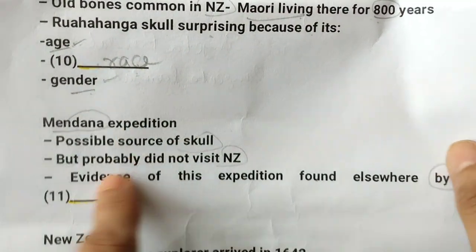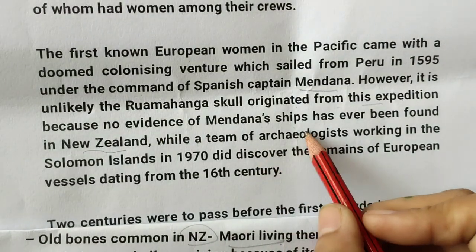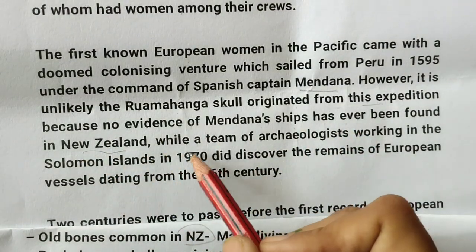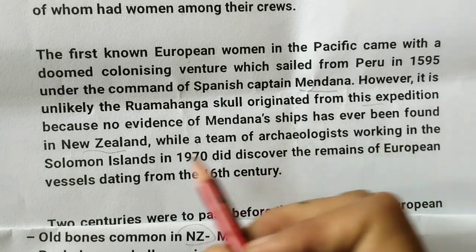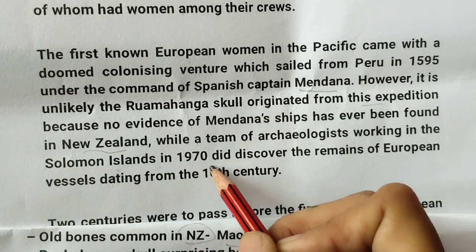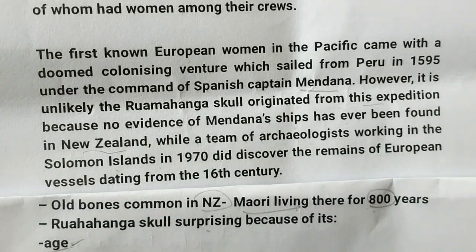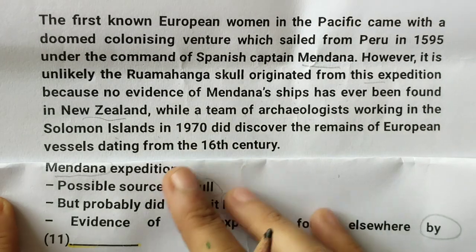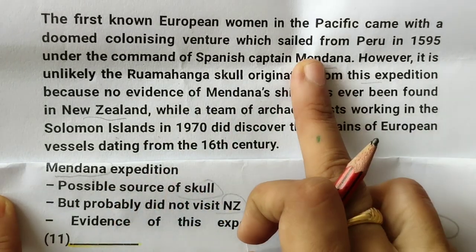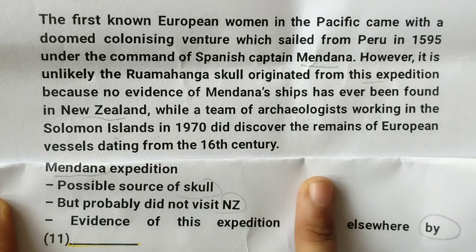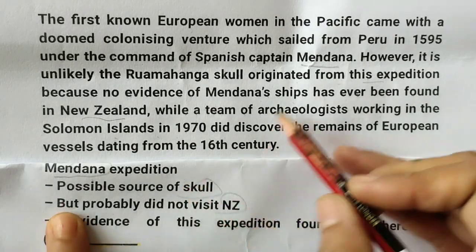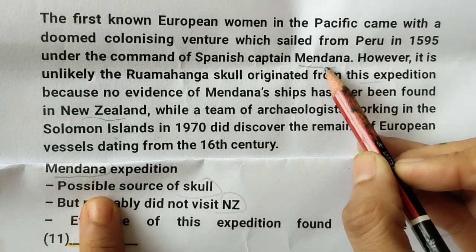So they are talking about whether this expedition has ever been found in New Zealand, while a team of archaeologists working in the Solomon Islands did discover the remains of European vessels. So I will show you the full thing. Now it is clear, the paragraph is there, you decide the answer first. Mandana expedition, they are talking about this person.